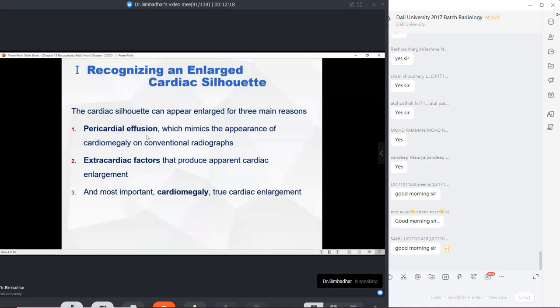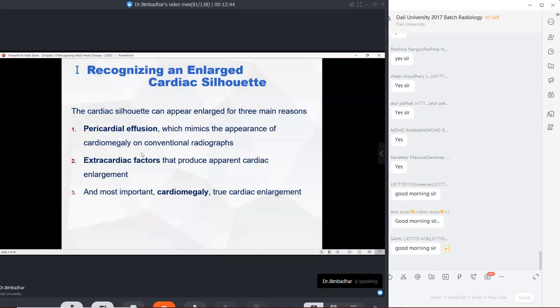This is the first and foremost disease that a radiologist will be thinking about if the cardiac size is increased, because pericardial effusion, more pericardial fluid, mimics the appearance of a cardiomegaly. Cardiomegaly is nothing but an increase in the overall size of the heart.